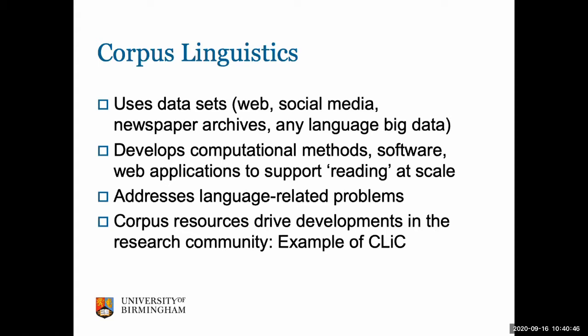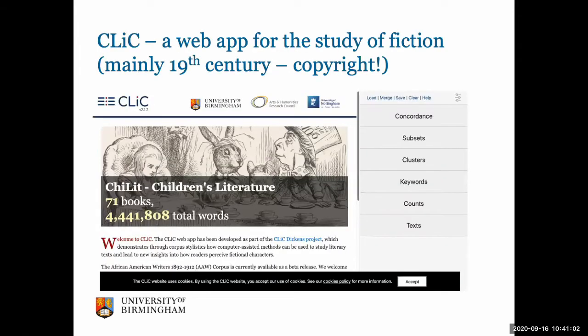And now I want to give you one example from our CLiC work, which is a web application. And that's really a resource that also illustrates how resources can change the way in which research communities operate. So CLiC, this web application, contains mainly 19th century fiction.